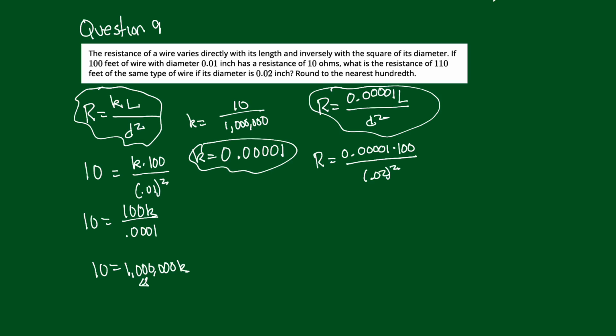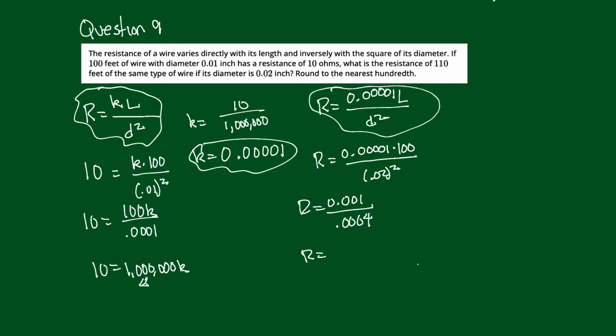So this part right here, I know if I multiply by 100, I just move the decimal point over 2 places. So this is going to be that R is equal to 0.001, I'll put a leading 0 out there, over 0.0004. Let's make that division.